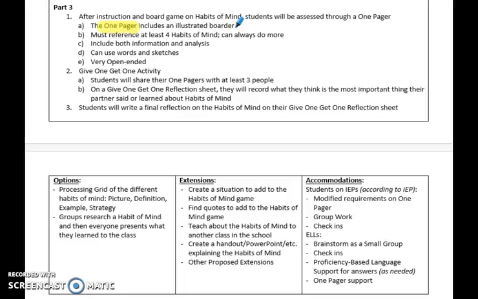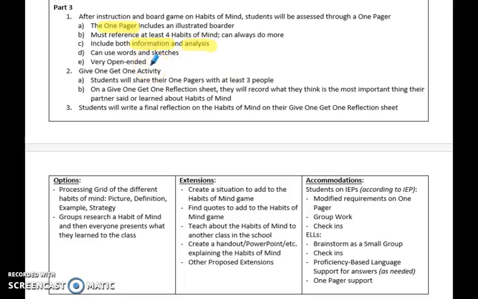They can always do more, but I wanted to set a minimum amount. They can either go into further detail on those 4, or they can do an overview of multiple ones. They have to include both information and analysis, meaning how it would relate to their lives or other people's lives. They can use words or sketches.